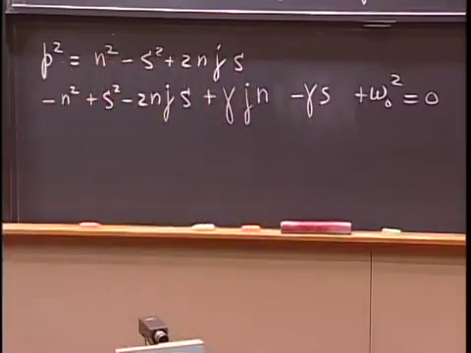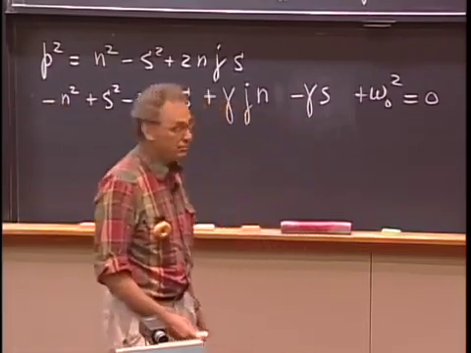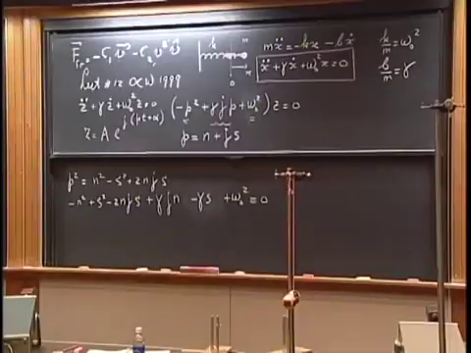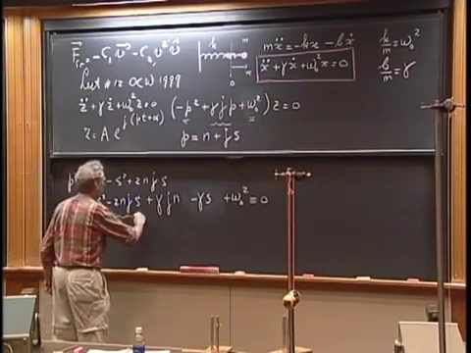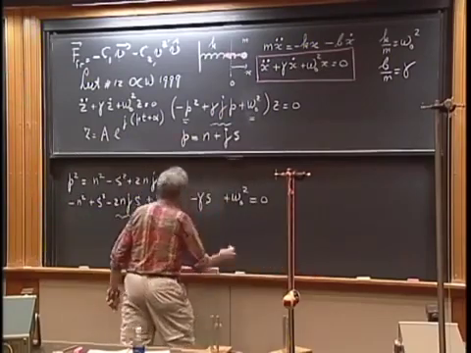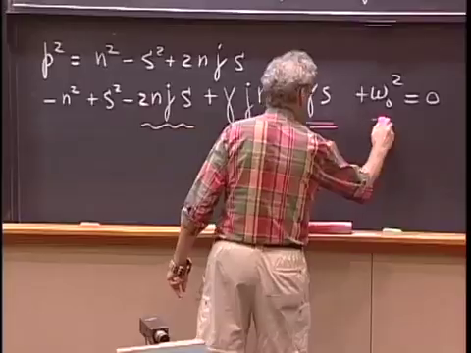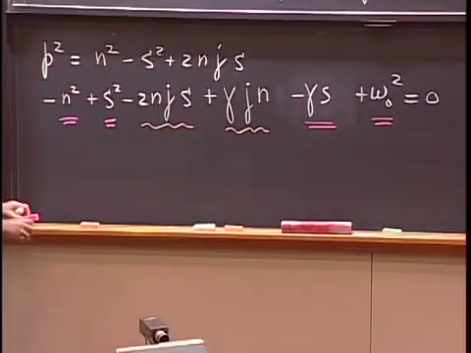So this is minus gamma s. And now, this has to be 0. That means the apples must add up to 0. These are the apples. And the oranges have to be 0. This is an orange, this is an orange, this is an orange, and this is an orange.